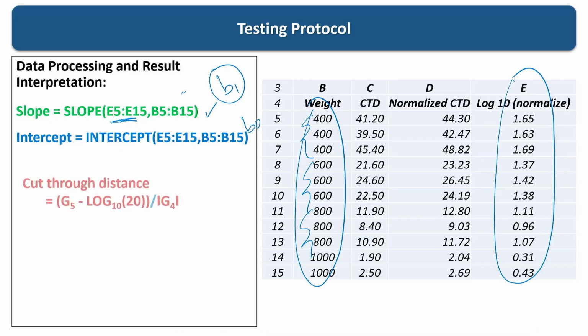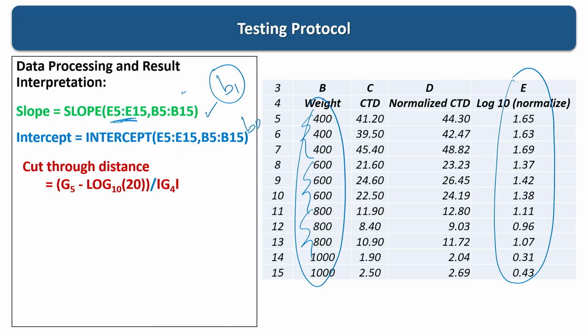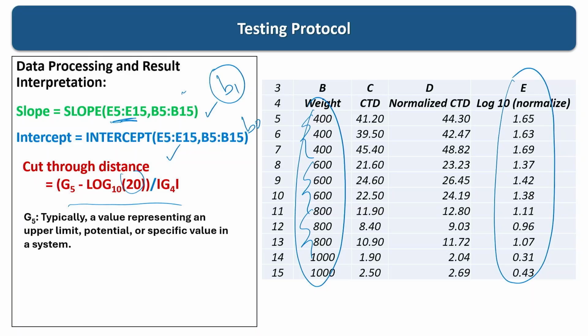And then the cut through distance is calculated by this relationship: G5 minus log 10 of 20, by the modulus of G4, where 20 is the actual standard distance. So, the actual cut through distance is calculated.